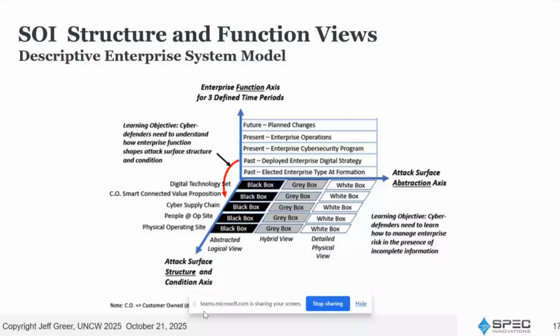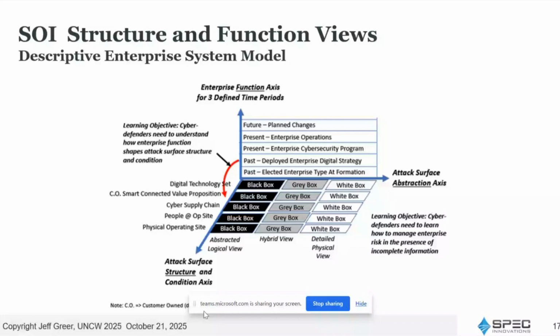And then the axis projecting out to the front, that's where I model out the enterprise attack surface in this case, or it could be the product attack surface. And then the security domain boundary sits just inside the attack surface. And then the horizontal axis is the attack surface abstraction, right?